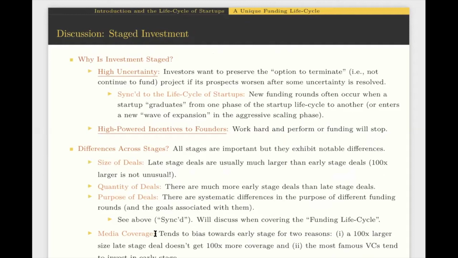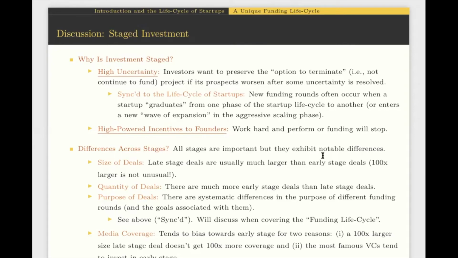One thing that's useful to note with respect to media coverage on investments in startups is that media coverage tends to be biased towards early stage investment. And there's two reasons for that. One is related to the fact that later stage deals are substantially larger than early stage deals.